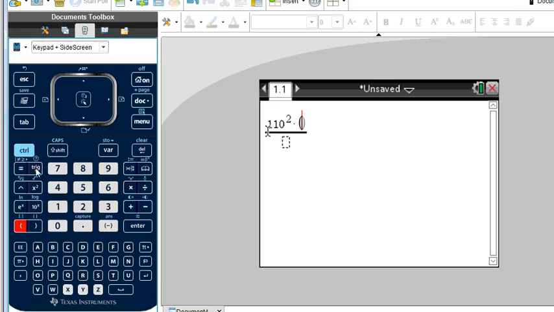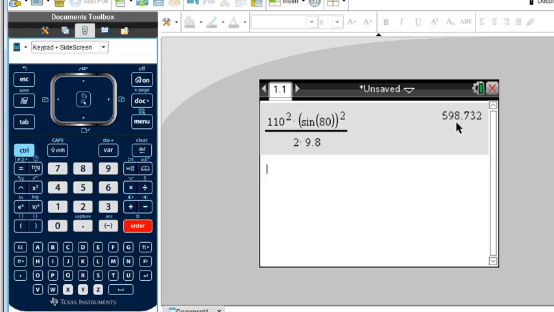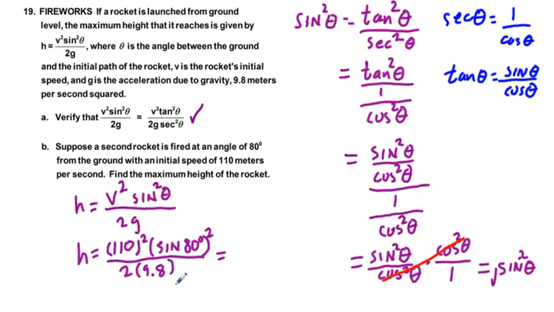I've already checked my calculator to make sure that we are in degrees and not radians. Then we square the sine and divide by 2 times our gravity, 9.8. So we get about 598.7 meters.